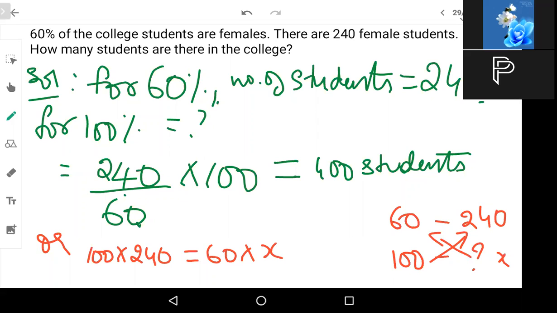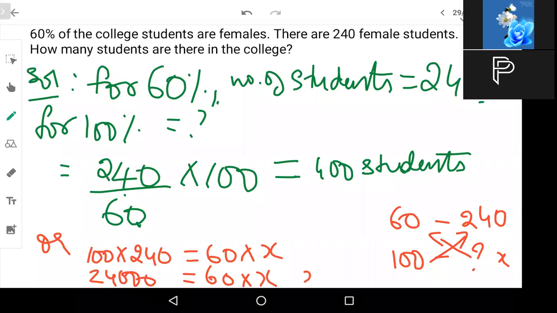So 100 into 240 is 24,000. Now divide 24,000 by 60x.